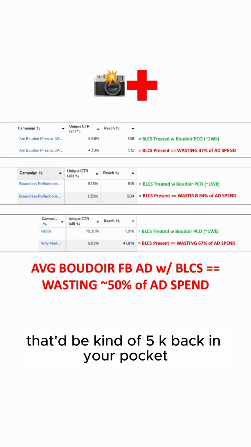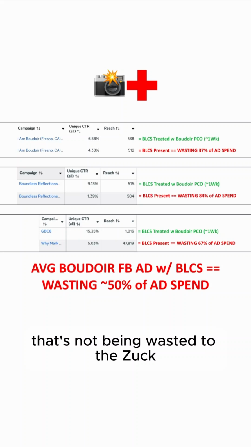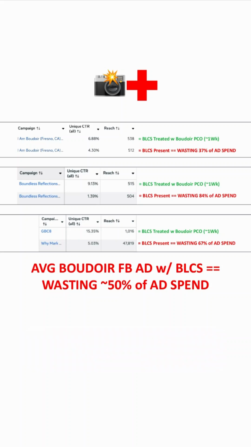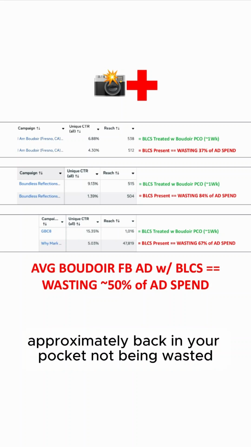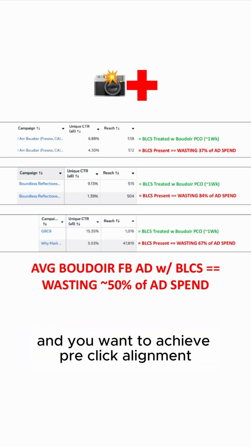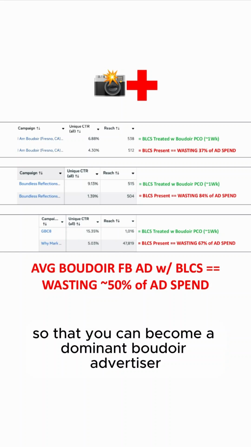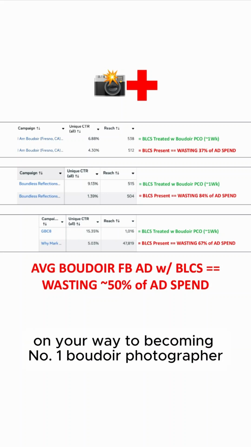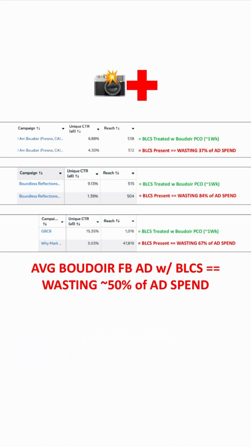That'd be 5K back in your pocket that's not being wasted to the Zuck, giving you about 60K over the next 12 months approximately, back in your pocket, not being wasted. And you want to achieve pre-click alignment so that you can become a dominant boudoir advertiser with Boudoir Brain Entry Boost on your way to becoming the #1 boudoir photographer in your city.